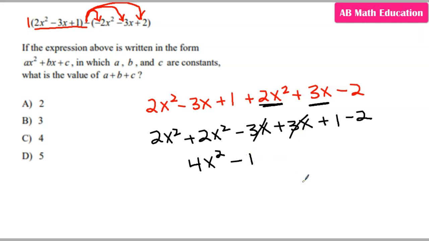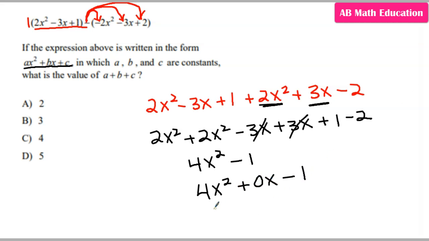Okay, they want us to express this one in terms of this. So what we could do is realize that the x component is 0, so if you want, you can put it back to make the work easier for you. So plus 0x minus 1.